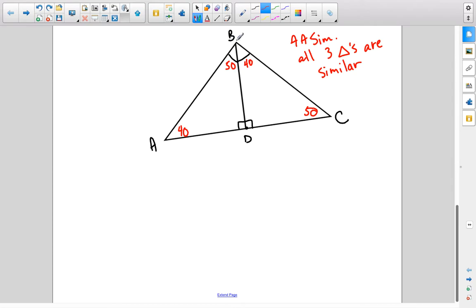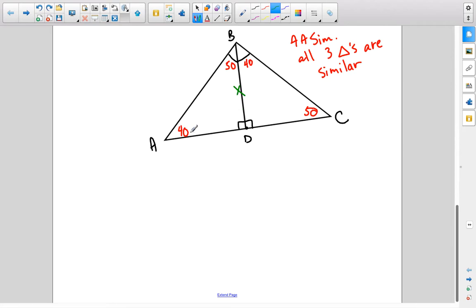So let's say I'm looking for the measure of BD. I want to know what this measure is. Let me change it to colors. Okay, so I want to know what the length of BD is. And let's say I already have another length.